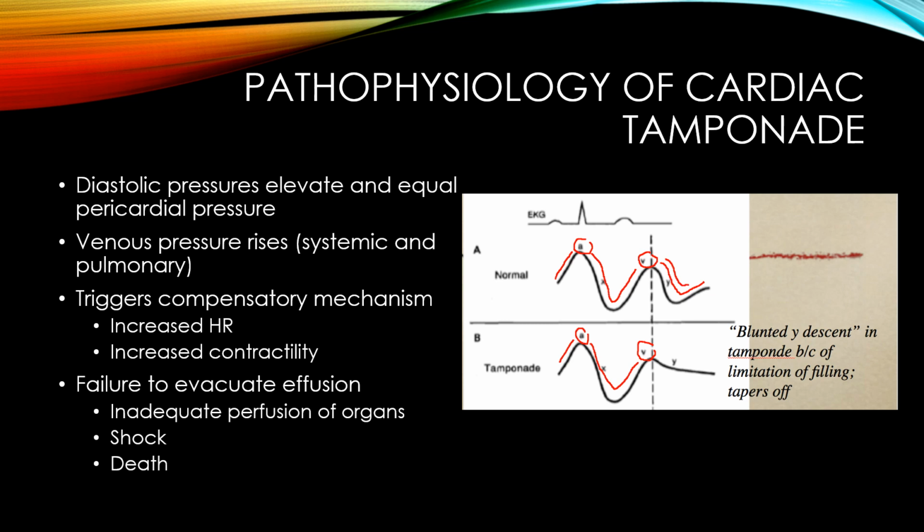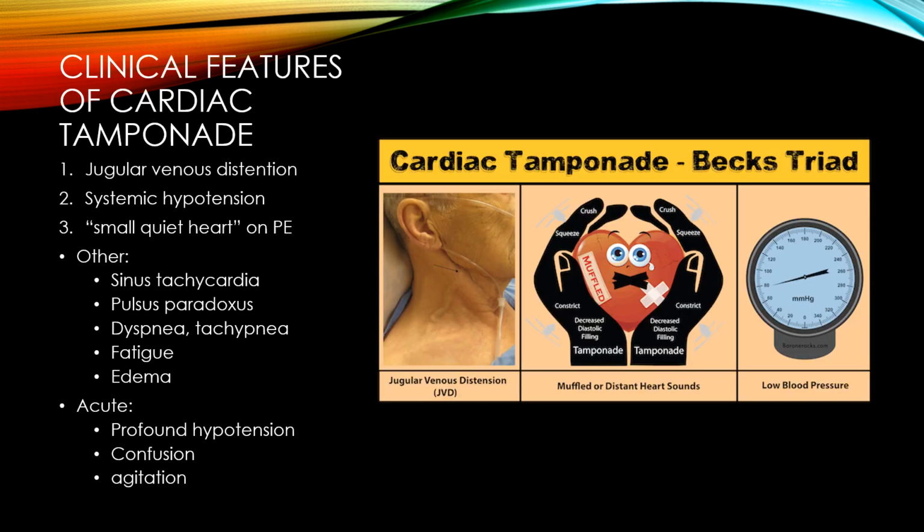Well, this right ventricle is not relaxed. The diastolic pressure is much higher due to that external compression, and so the pressure remains higher. You see what we call a blunted descent here, as it's trying to empty into a much higher pressure chamber. And so that limits the filling of blood into the right side of the heart, which causes it to back up into the veins, creating distension.